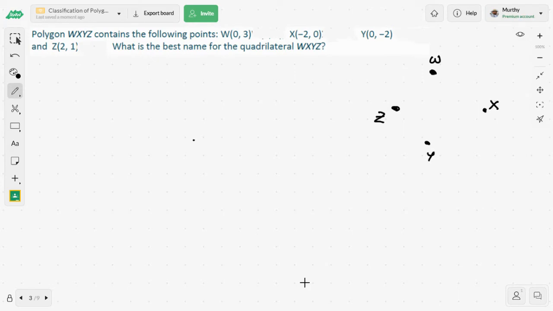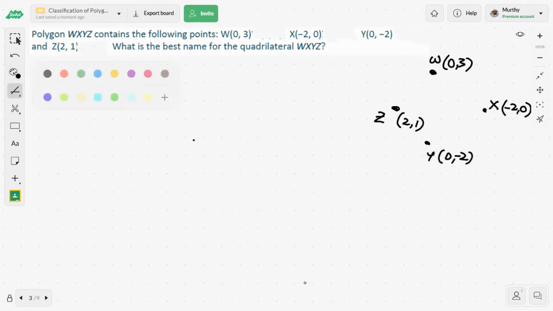Okay, the points. W is 0, 3. X is negative 2 comma 0. Y is 0 comma negative 2, and Z is 2 comma 1. Okay, so the strategy is to find the length of WX.